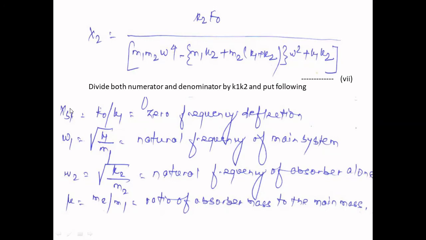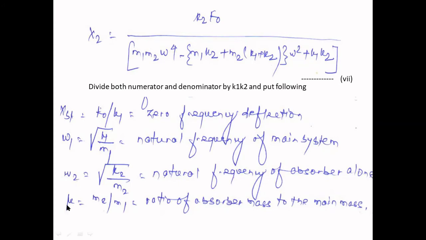For example, wherever you get a ratio of F0 divided by k1, you represent it by X_st, that is static deflection. Similarly, if you get a ratio of k1 by m1, you represent it as the natural frequency of mass 1, omega 1 squared. Similarly, the square root of k2 by m2 represents the natural frequency of mass 2.